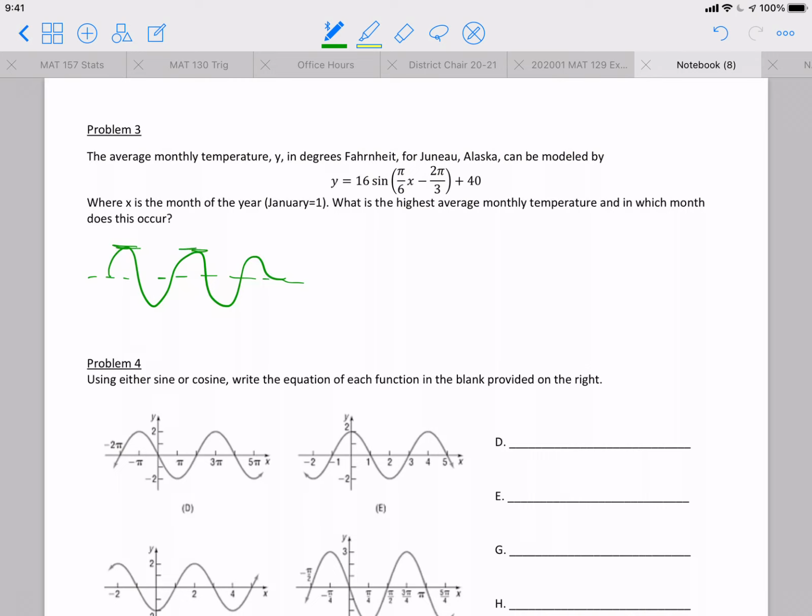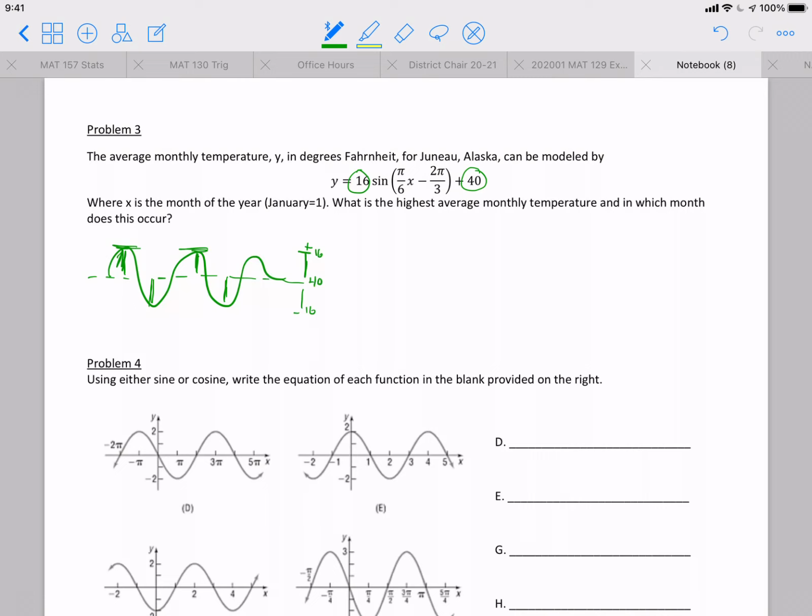And then your peaks are going to be here, and then your valleys, or your crests and your troughs is another name. Where's the center line? The center line's 40. Amplitude 16. So these are going to go up 16 from there, down 16 from there.